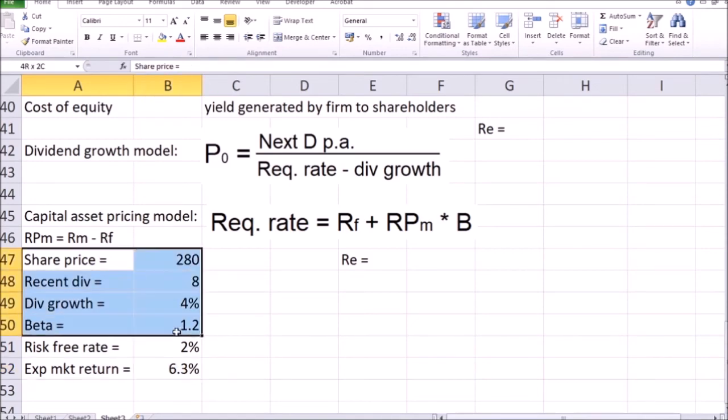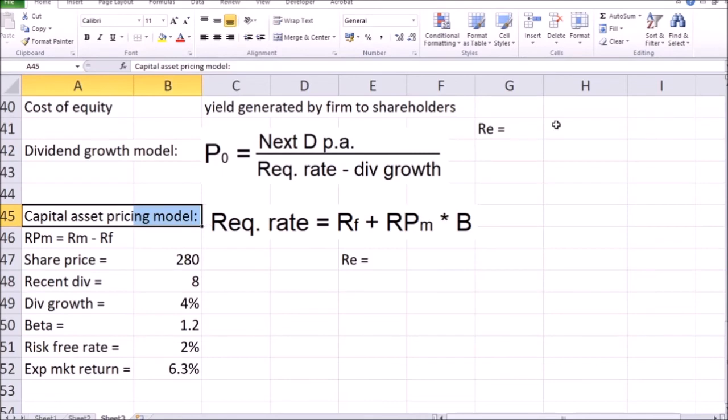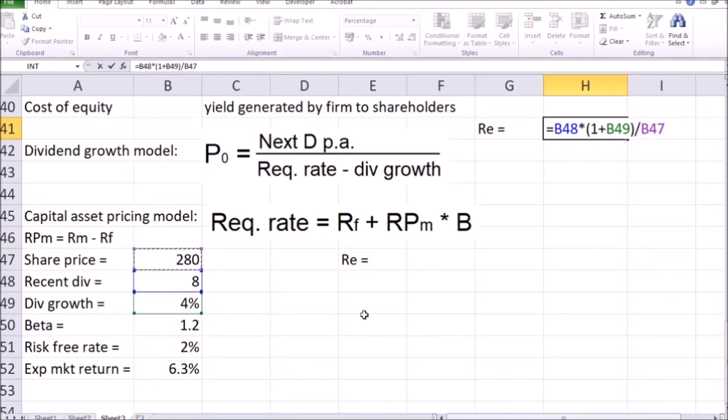We can calculate the cost of equity using these formulas according to the dividend growth model and the capital asset pricing model. According to the dividend growth model, if you rearrange the formula to find the required rate of return, you will see that it's equal to the next dividend, which is the current dividend multiplied by 1 plus the expected annual growth of dividends, divided by the price, and plus, again, the expected dividend growth rate.